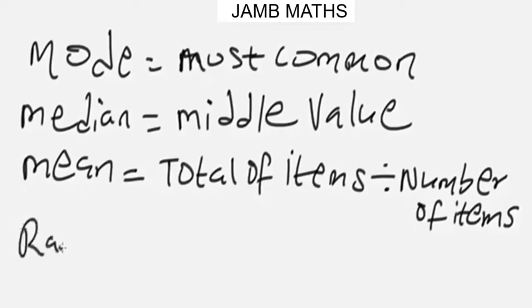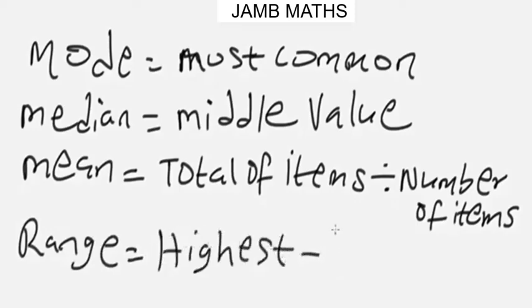Whereas the range is basically the difference between the highest and the lowest. So you can say range is highest minus lowest of the data you have in the question. So these are the 4 parameters we have to know in statistics: mean, median, mode, and range.